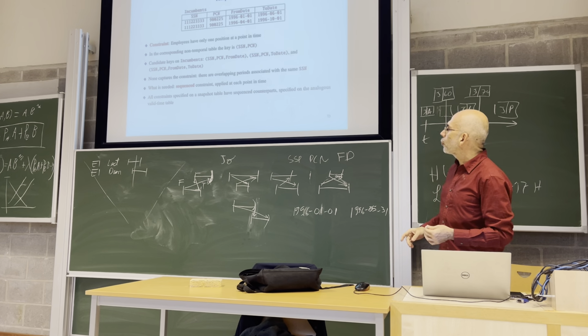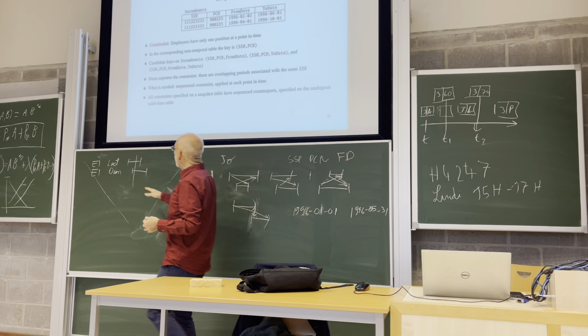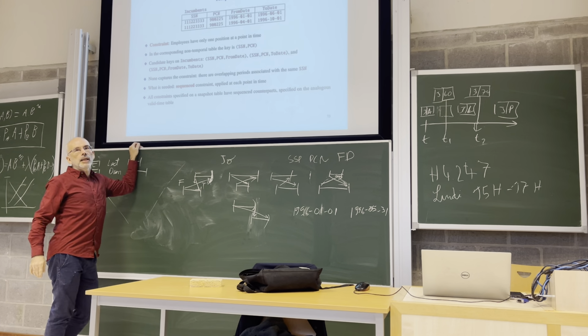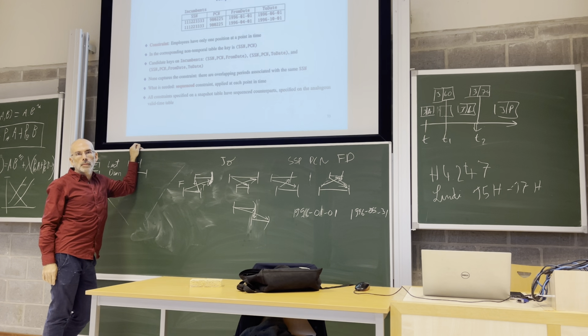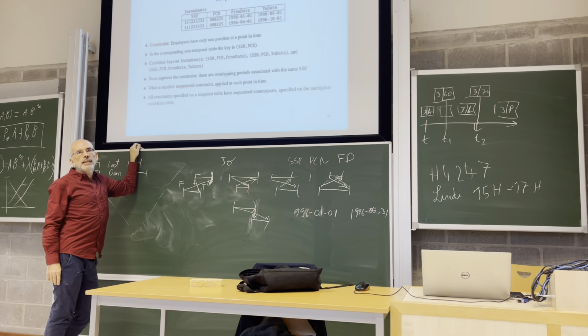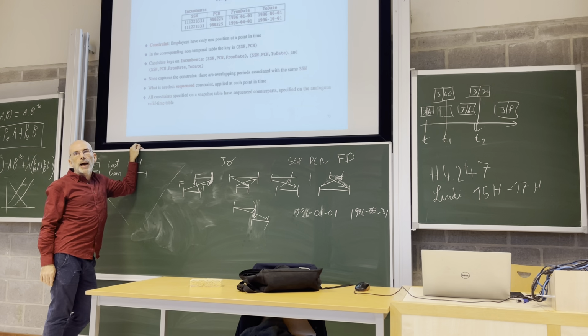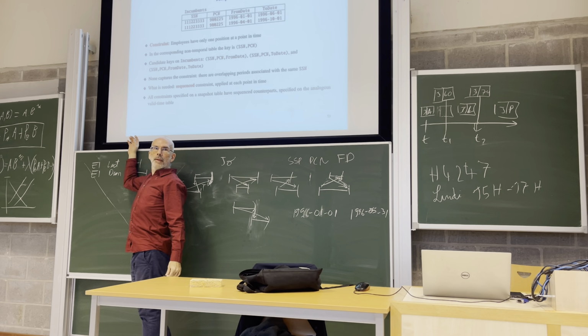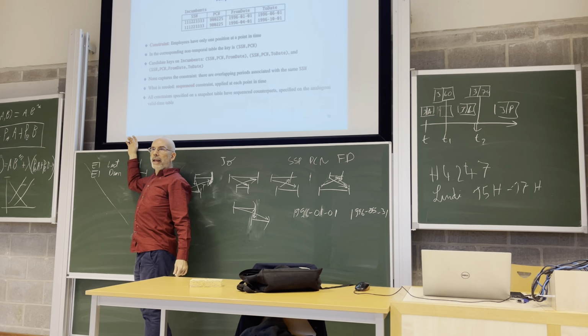So, in essence, what I wanted to discuss here: forget temporal issues. If I say an employee has a single position in time, what will be the key of this table, if I remove this? An employee can have only a single position at every point in time.